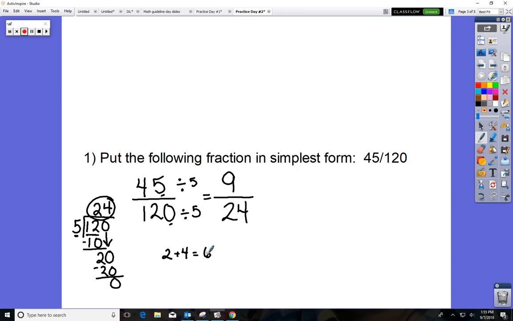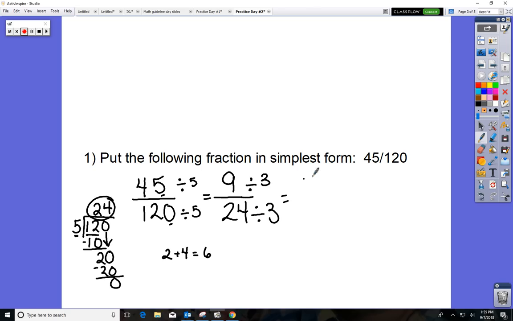So I know 6 can be divided by 3. If there were 2 digits in this answer, I would have to keep adding the digits together until I got a single digit. But if that number is divisible by 3, then so is the 24. Okay, so that means I can divide both of these by 3.